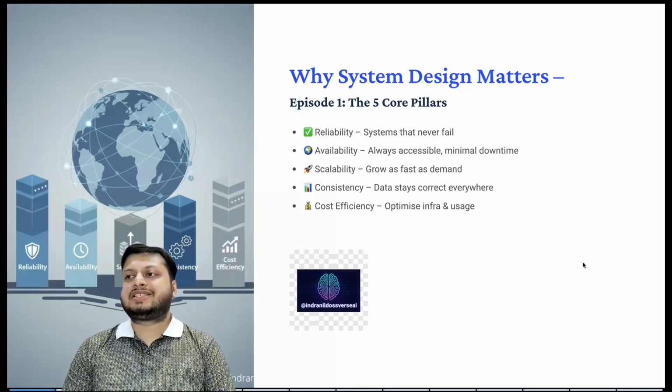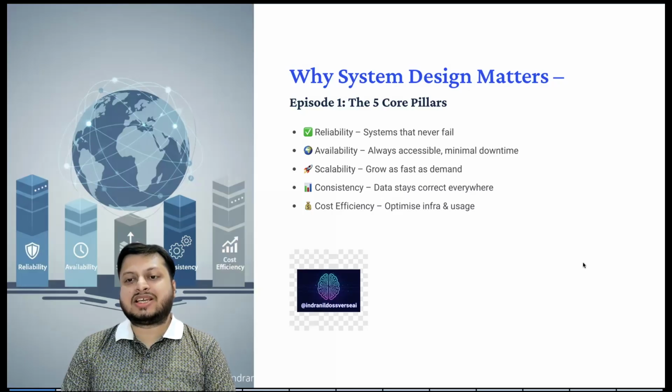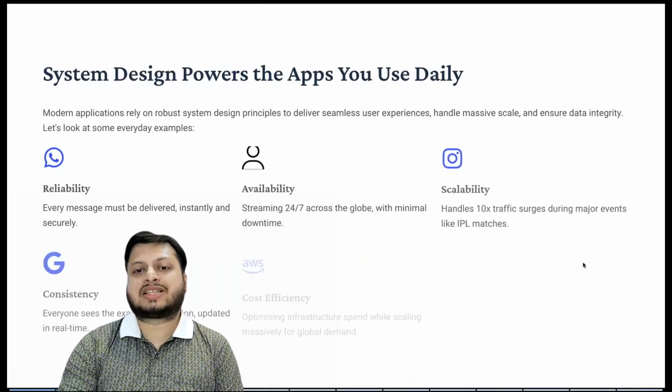Consistency is data staying correct everywhere, and cost efficiency, as it mentions, is optimizing the infra and usage. If it's not clear, we will go into certain real world examples to explain everything in depth. So please stay tuned. Let's move on to the next slide.